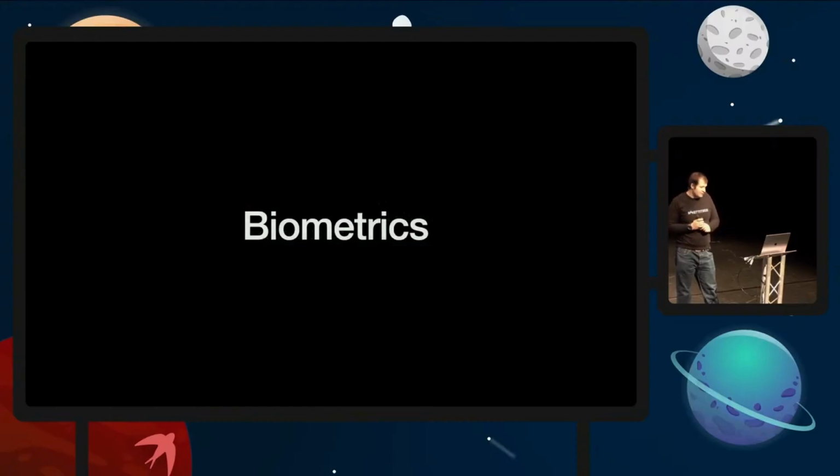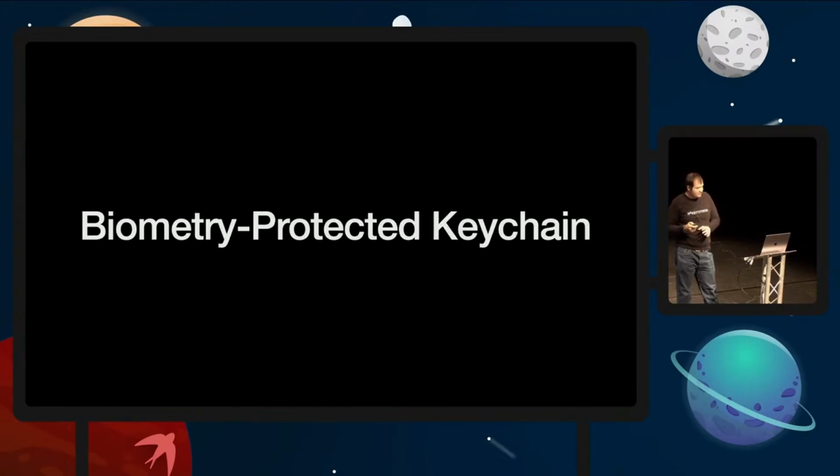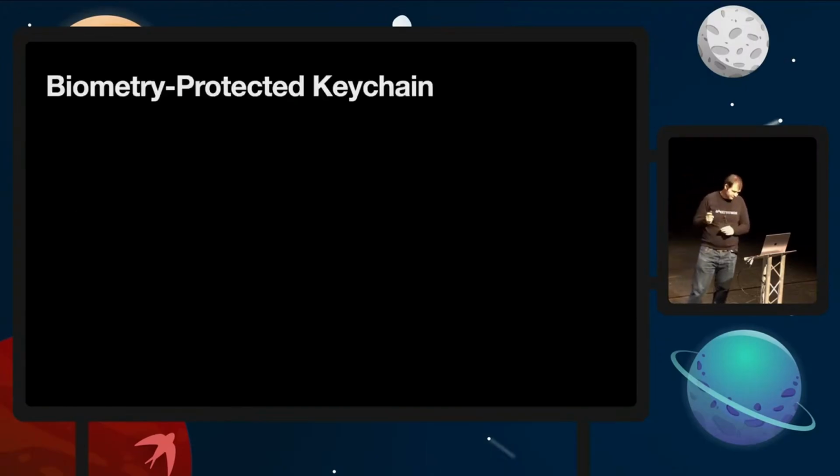And let's get back a bit more in detail on the biometrics, and specifically on the biometric protected keychain. So the big benefit of a biometrically protected keychain, so we earlier knew that we shared keychain, and now the biometric protected key shouldn't be entered more than once across the whole set of app and extensions.